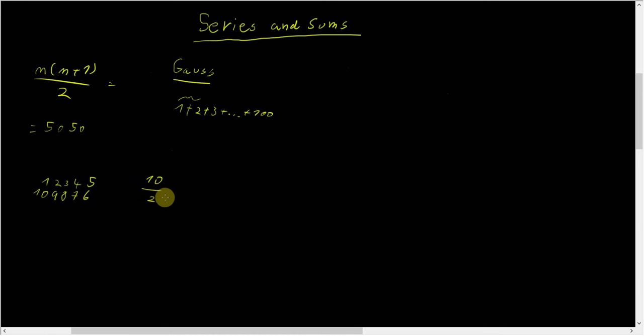So that's 10 divided by 2, 5 pairs. The sum of each of these is 11. 10 plus 1 is 11, 2 plus 9 is 11, 8 plus 3 is 11. So the sum is the number of numbers, plus 1, so 11.